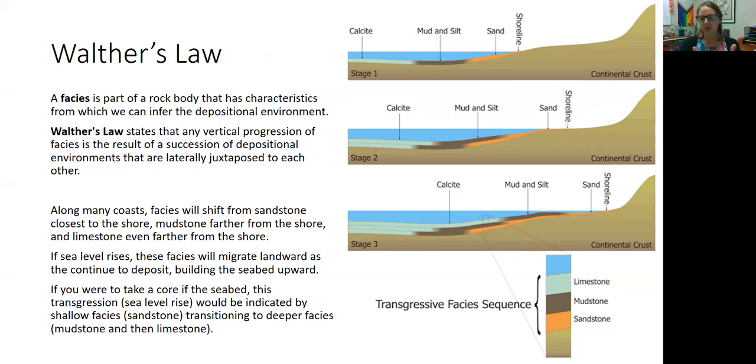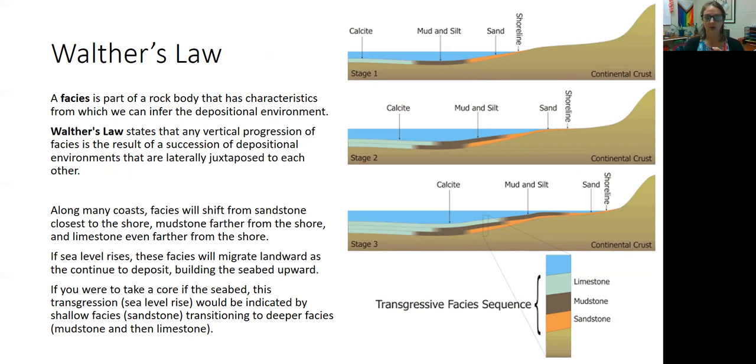Often you'll find mud and silt a little farther offshore, and then calcite even farther offshore, a little deeper marine. All right, so the typical sequence on a coast is sand on the beach, mud and silt in shallow water, calcite in even deeper water.